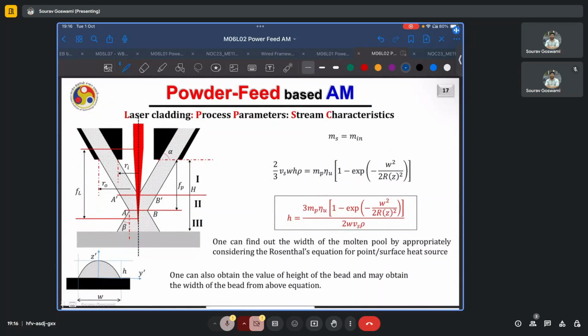Both of these should be equal because we already taken the catchment efficiency into account. And this gives us the height of the deposited bead as 3 Mp eta u (1 minus exponential minus w square by 2 rz square) by 2 w Vs rho. And one can find the width of the molten pool by approximately considering the Rosenthal equation for a point or surface heat source as the need may be.